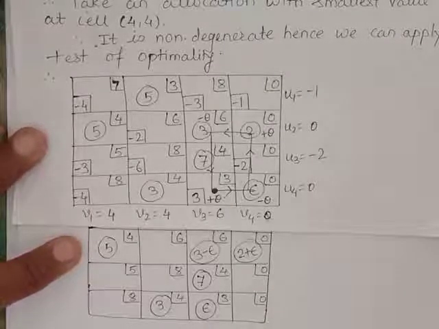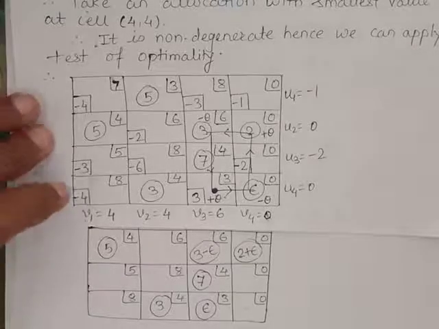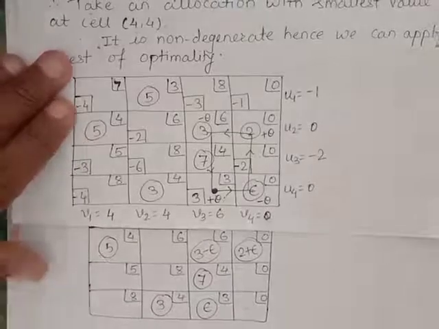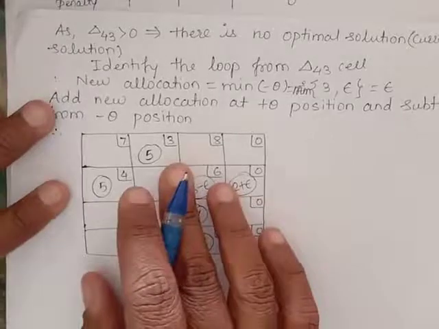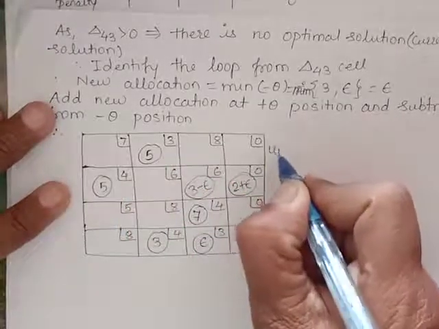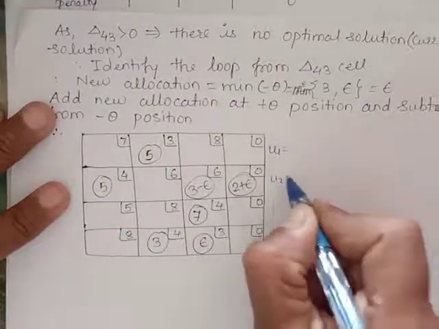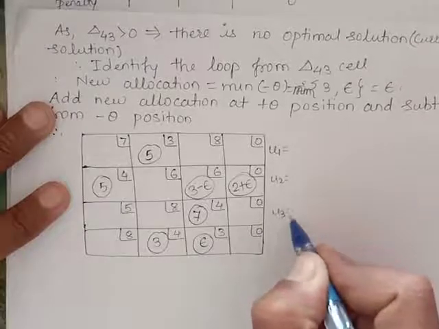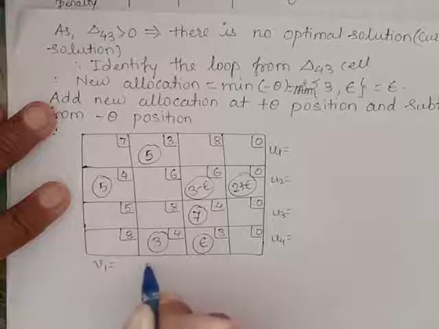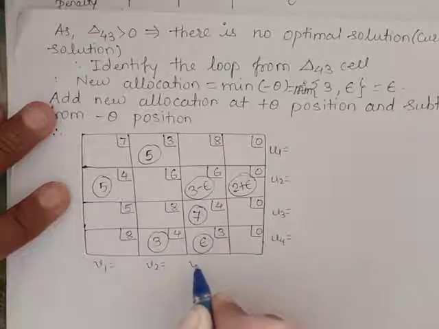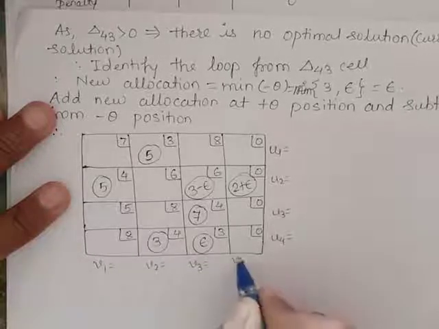So now let's find out ui vj and check whether it is optimal or not. So it will be u1, u2, u3, u4, v1, v2, v3, v4.